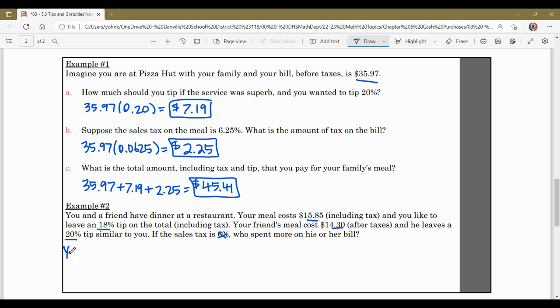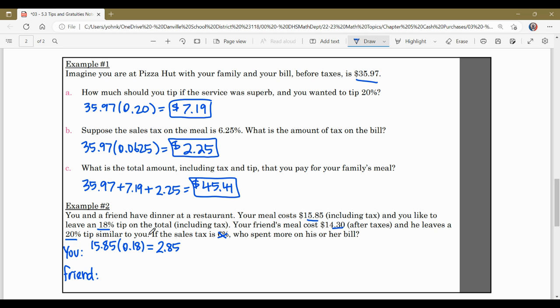So we've got you and we've got your friend. So you have a bill that's $15.85 and you're tipping 18% on the total. So 15.85 times 0.18, that gives you $2.85.